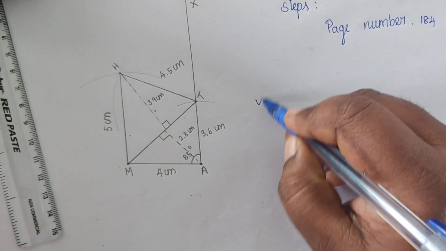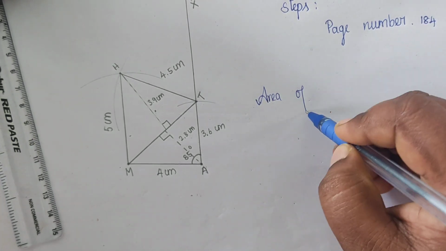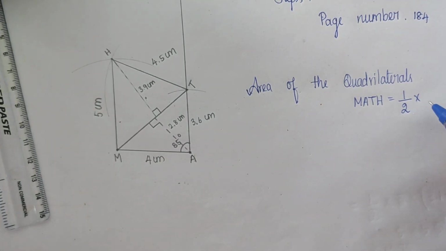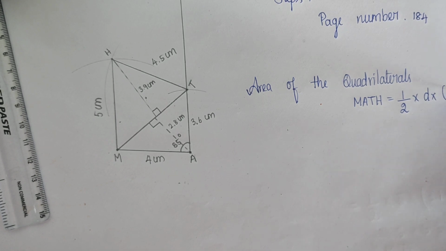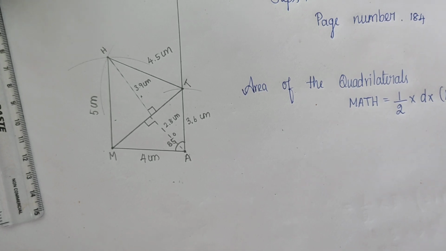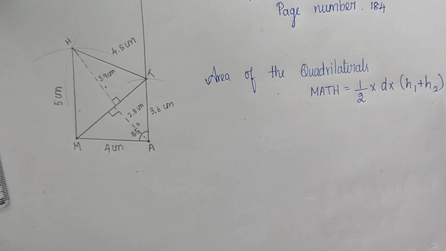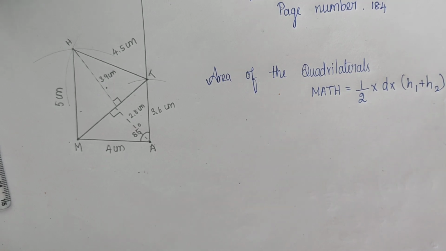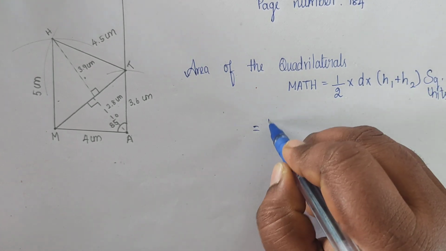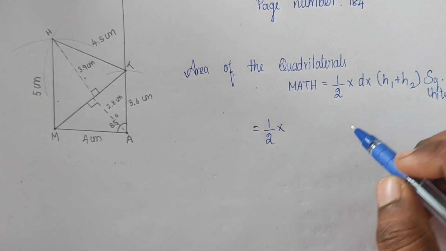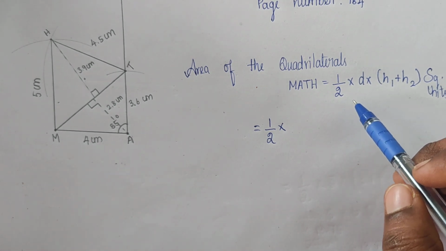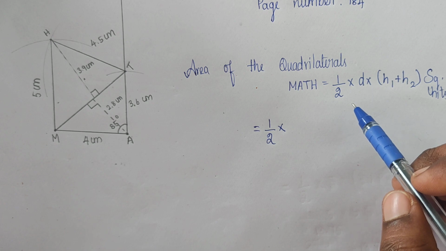So area of the quadrilateral equal to half into d into h1 plus h2 square units. Half into d, d equal to 5.1 centimeter.